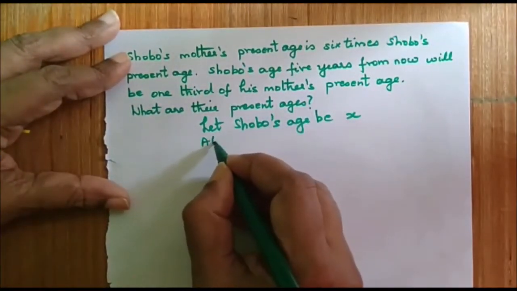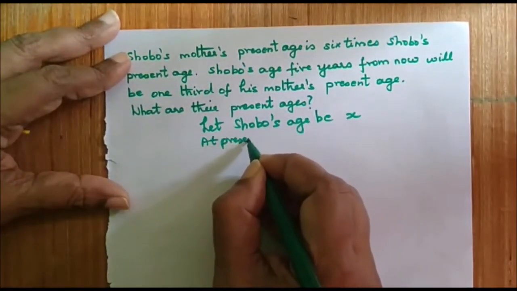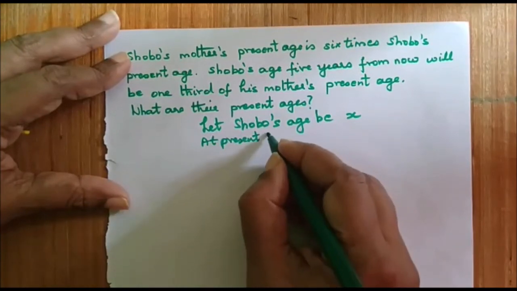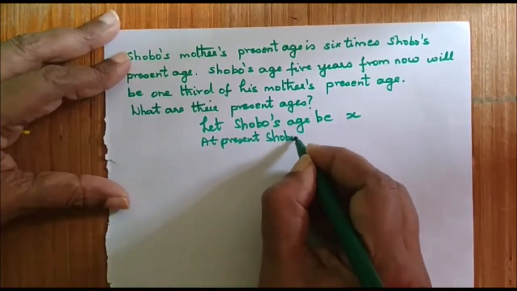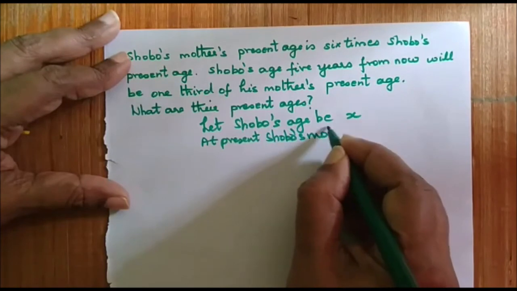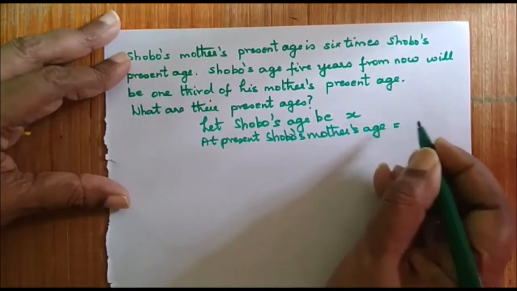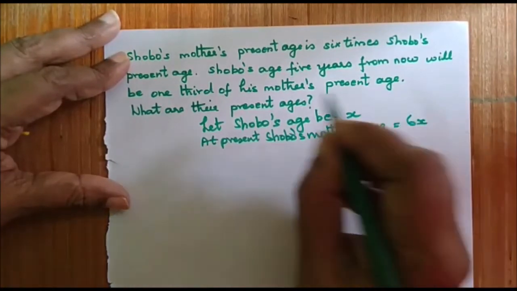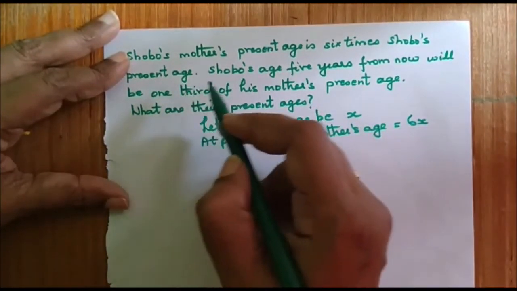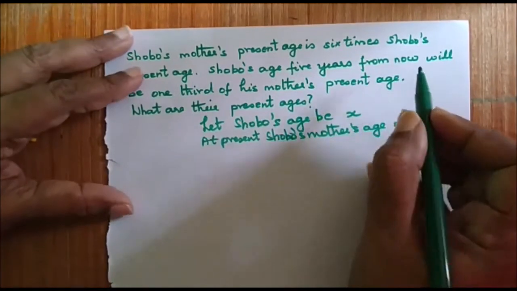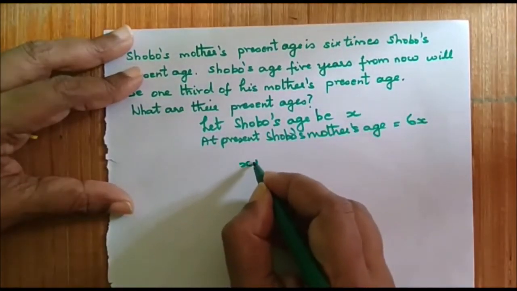So at present, what is it given? At present, Shobu's mother's age is equal to 6x, that is 6 times of Shobu's present age. Okay, 5 years from now, that is x plus 5.